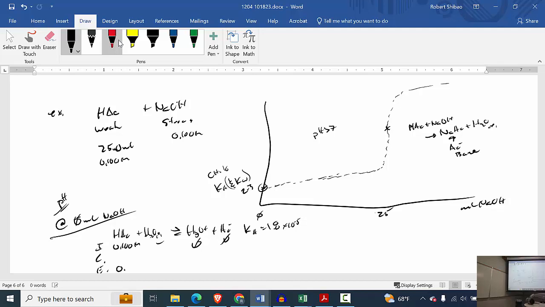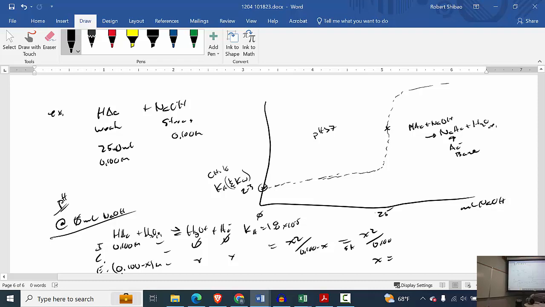And so we have 0.100 minus x, equal to x squared. So this will be x squared over 0.100. It's going to give us an x squared.